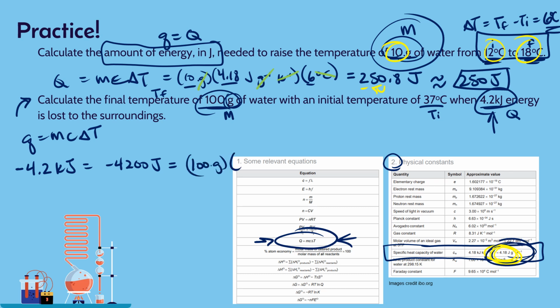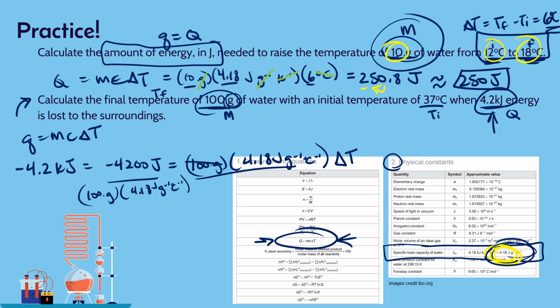Specific heat is still going to be my 4.18 joules per gram per Celsius, which is the same thing as Kelvin. And for now, I'm going to throw in a delta T. To solve for delta T, I'm going to divide both sides by 100 grams and 4.18 joules per gram per degree Celsius, which is the same thing as a change in Kelvin. Those cancel out.